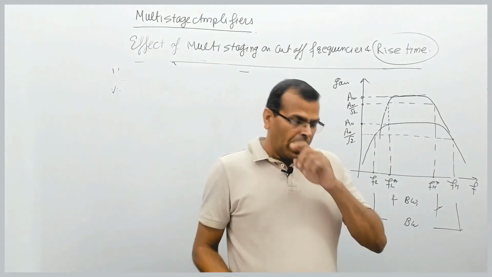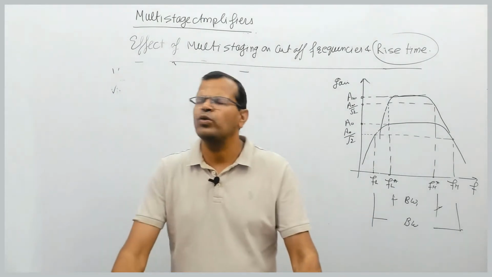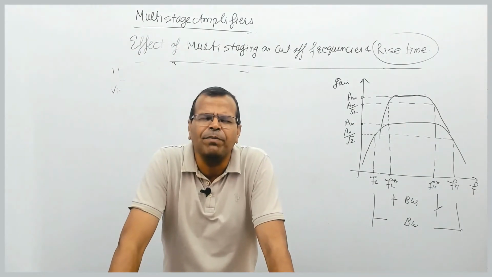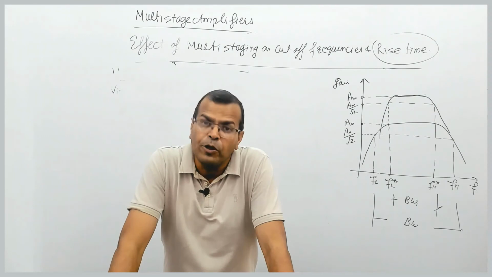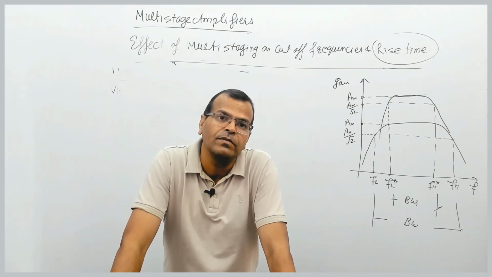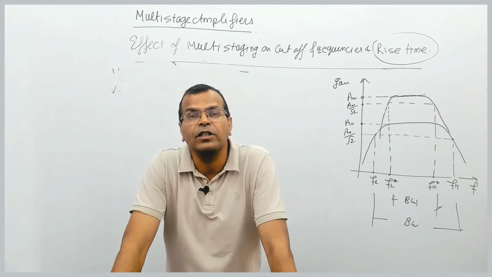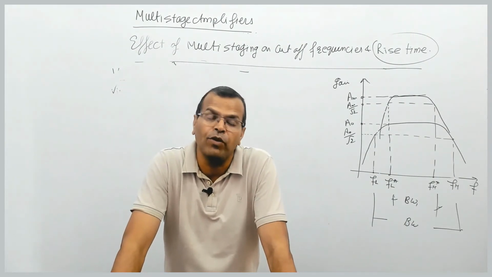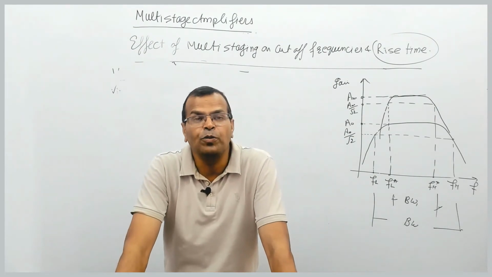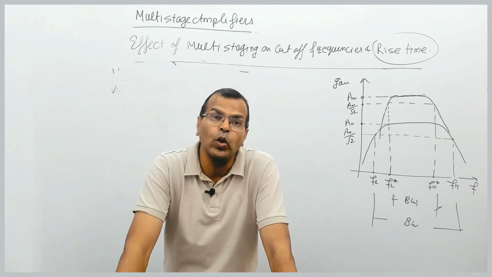Now, there are 2 to 3 points again from an objective type point of view. In a multi-stage amplifier, the input stage is mostly used to give high input impedance. Intermediate stages are mostly used to give high voltage gain, and the output stage is used to provide low output impedance.